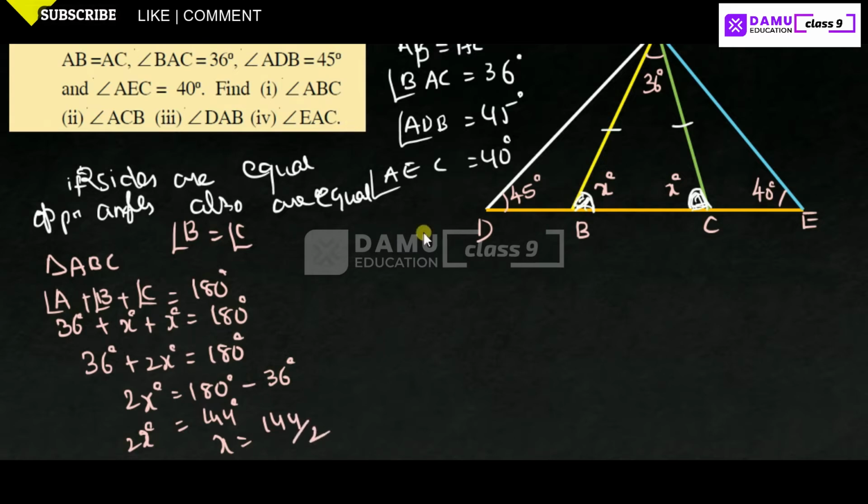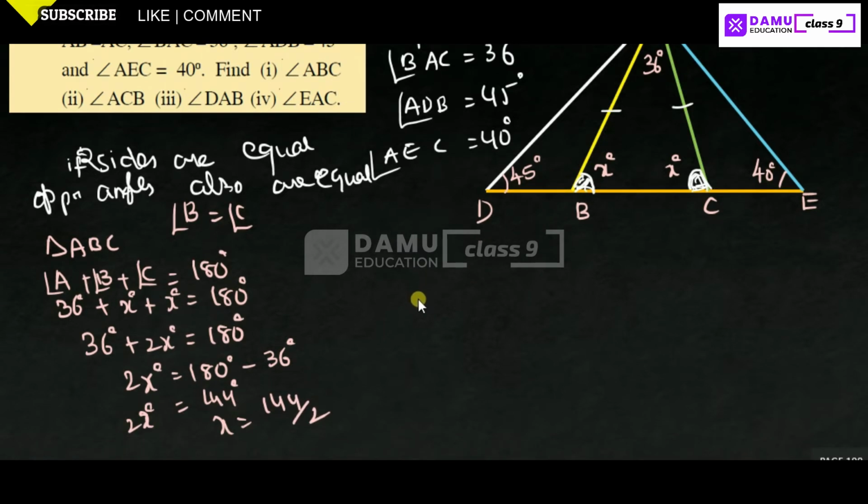That will be equal to 72 degrees. So here 72, here 72 degrees. So these two angles are 72 degrees and 72 degrees.